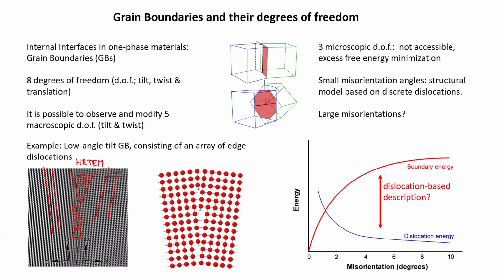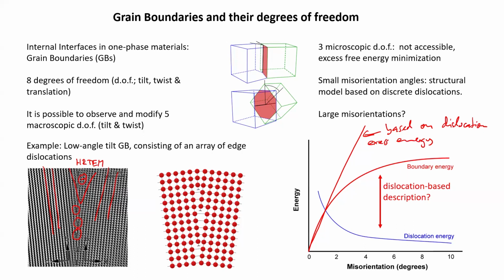When we think about misorientation between two given grains, and plot their excess energy, the grain boundary energy, then we have first this linear relationship, and that's basically based on dislocation energy. And then the Read-Shockley equation tells you how to calculate this.